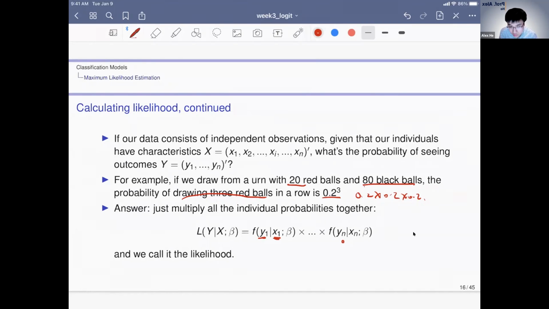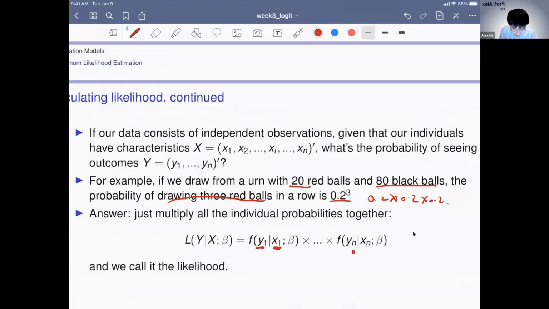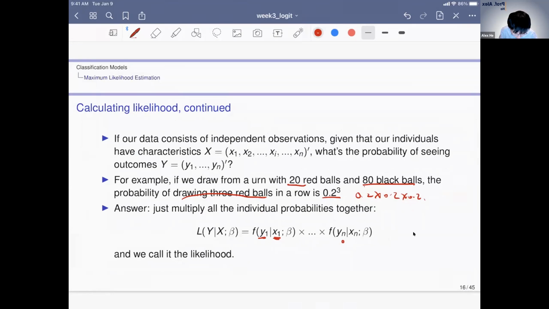And for that y1, you just take the actual value, either 0 or 1, and then do the same thing for the second observation, and so on. So you do it n times and then multiply them all together. That's the likelihood of you observing all of the data you have. Okay, and that is a function of beta.